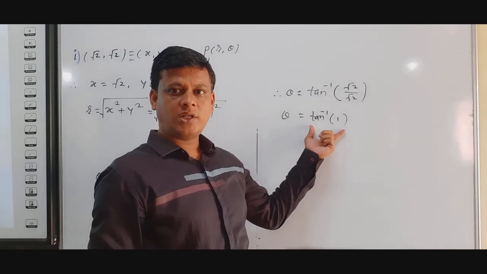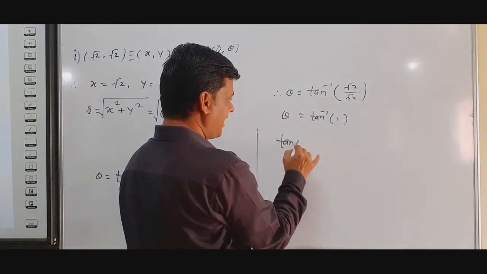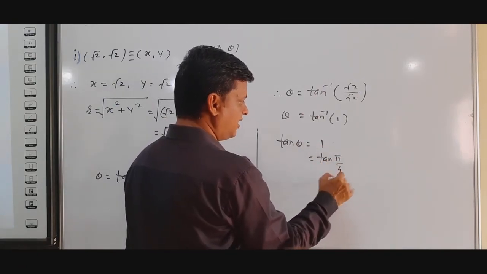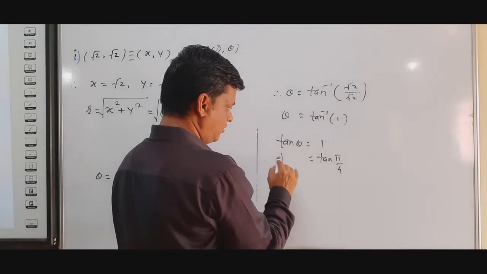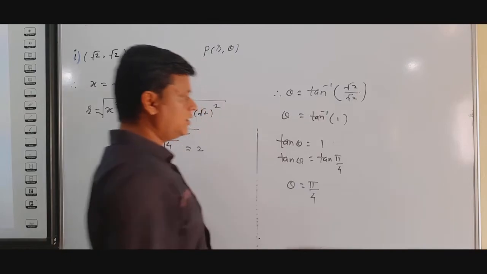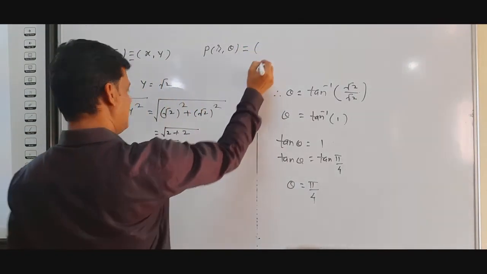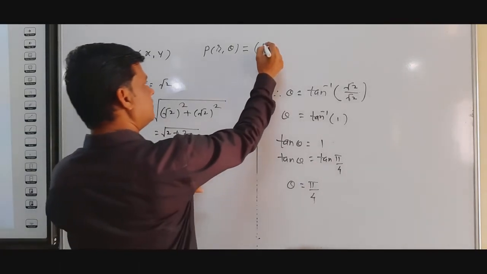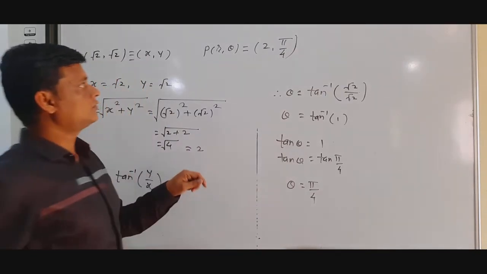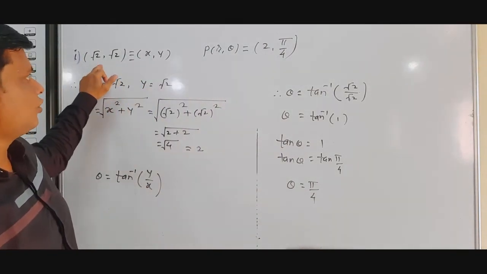Tan 45 is 1, or you can write this as tan theta is equal to 1. So tan pi by 4 is equal to 1. So comparing, we get theta is equal to pi by 4. Therefore the polar coordinates are r we find 2, theta we find pi by 4. So this is the polar coordinate form for the Cartesian (√2, √2).